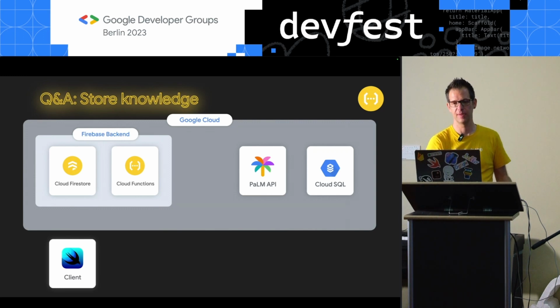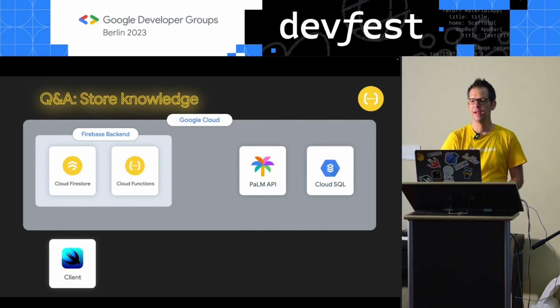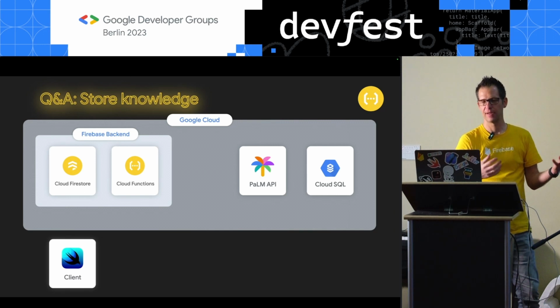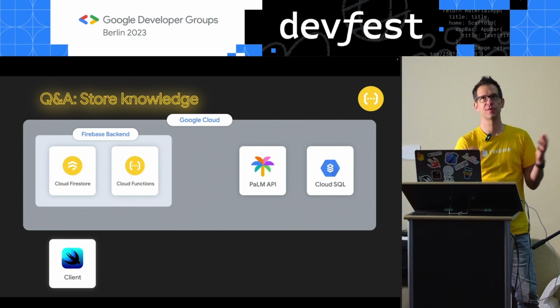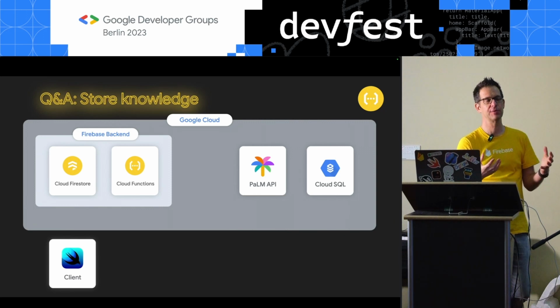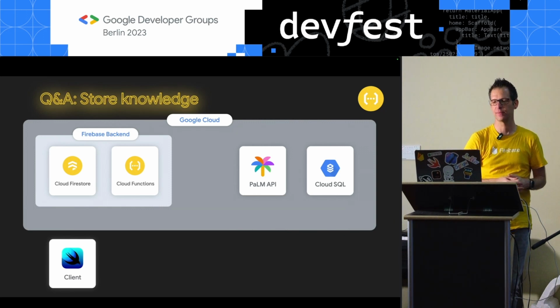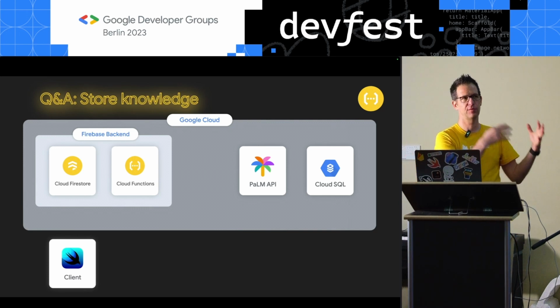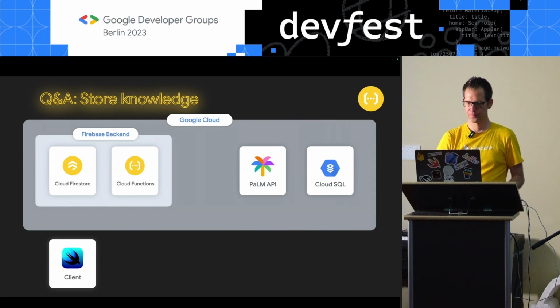We used that in the previous example as well. And we need Cloud SQL. Cloud SQL is a feature of Google Cloud, and you can use it to run a SQL database. In this very case, I'm running a Postgres database with the pgvector extension, and that allows me to store vector embeddings.